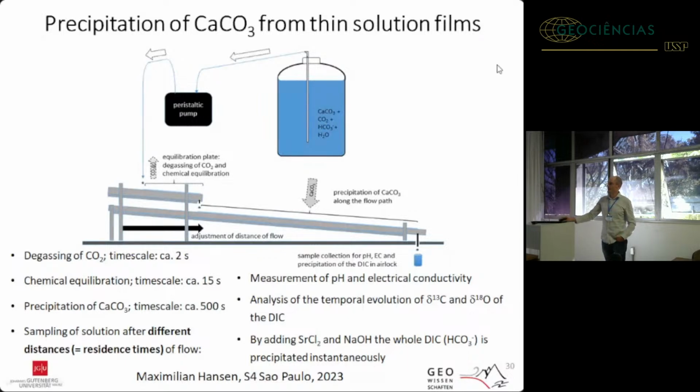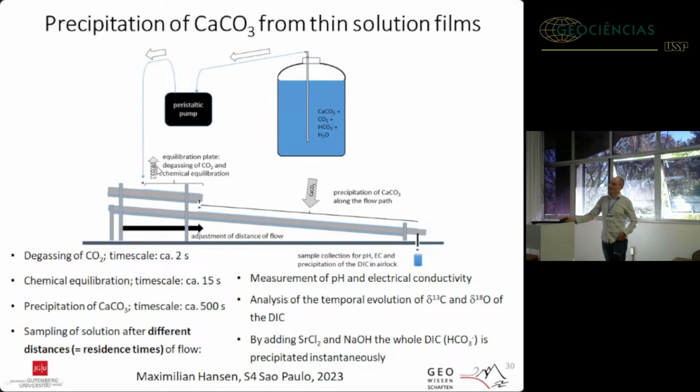And once the solution was also in isotope equilibrium, so we left it at the experimental temperature for a certain time to reach isotope equilibrium between the water, the CO2, and the other dissolved carbon species. The solution was then pumped onto a small marble plate over here, which you can consider as the stalactite, for example.